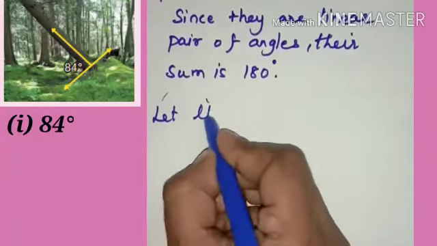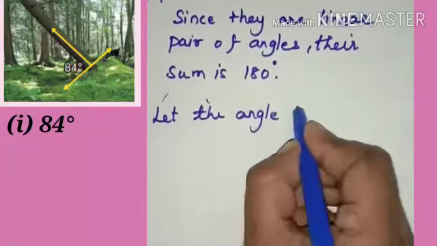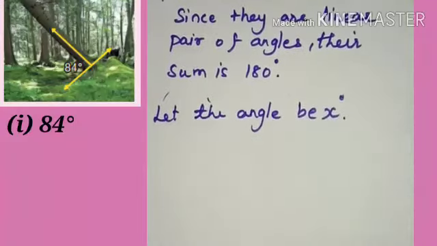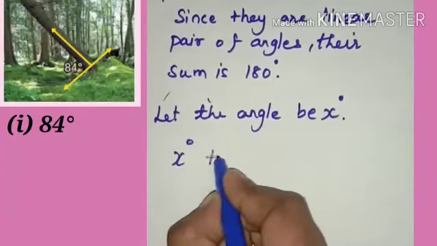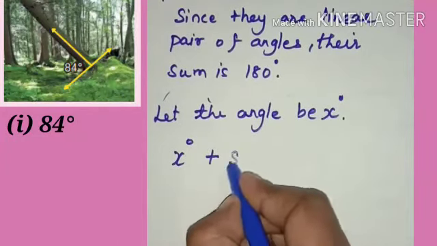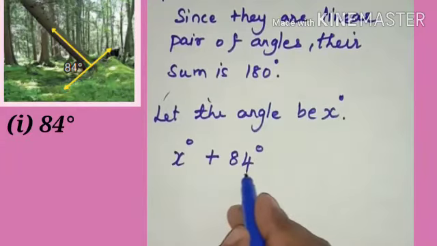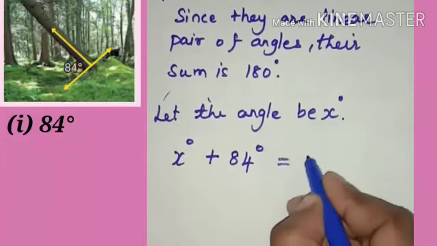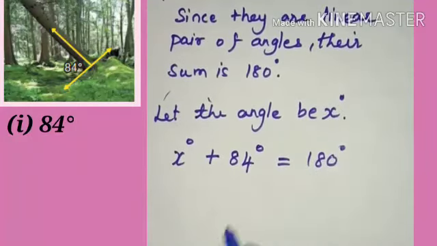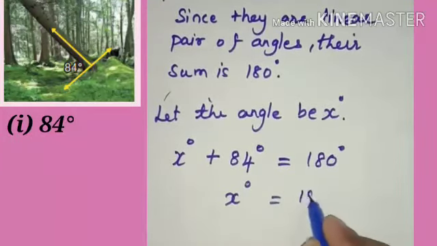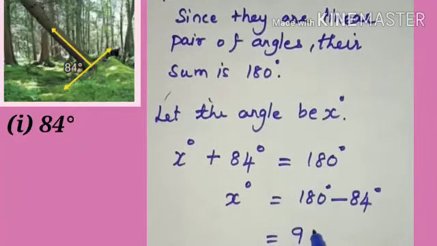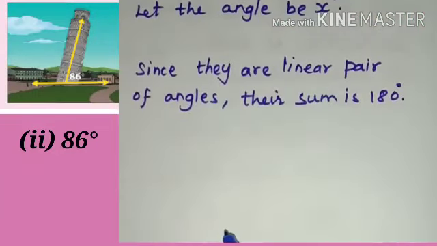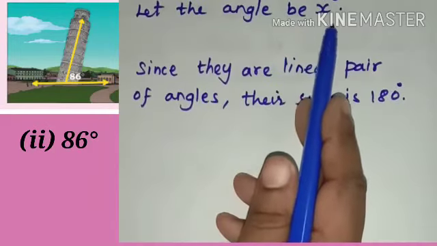Let the unknown angle be x degrees. So we can write x degrees plus 84 degrees is equal to 180 degrees. So what is x degrees? 180 minus 84 degrees, which is 96 degrees.